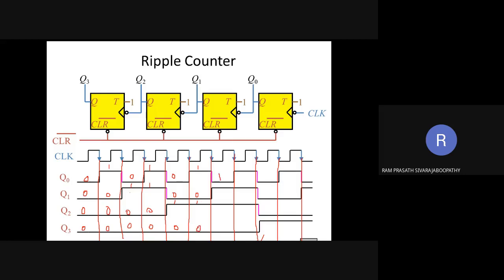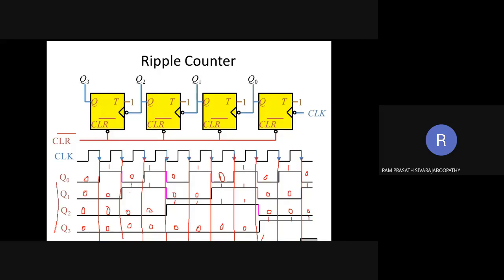Right. Sorry, here it is 0 1 1 0. Next 1 1 1 0. Next 0 0 0 1. Next 1 0 0 1. Next 0 1 0 1.